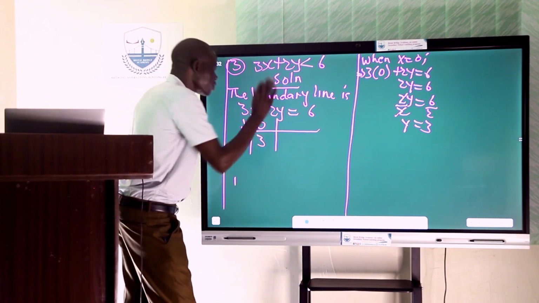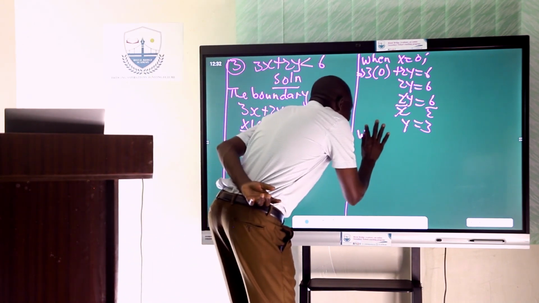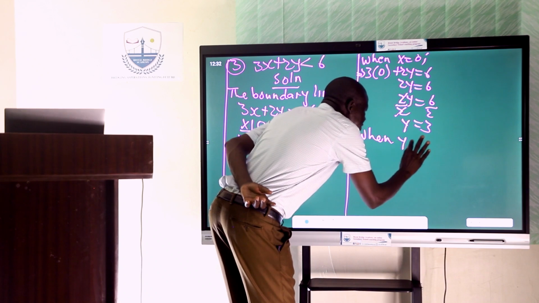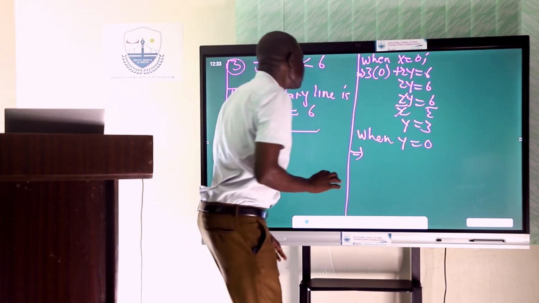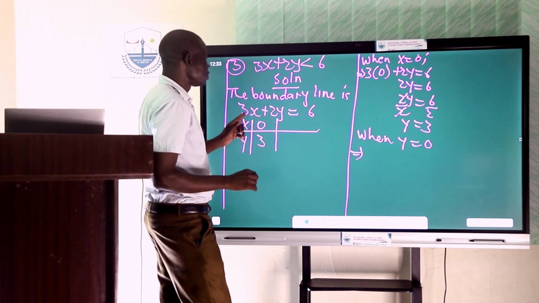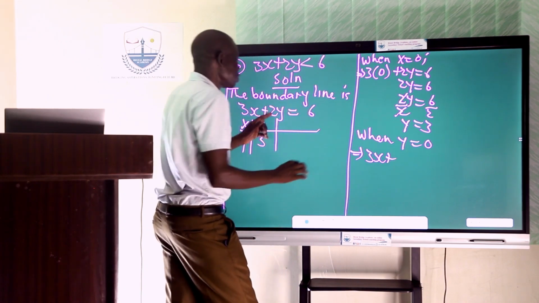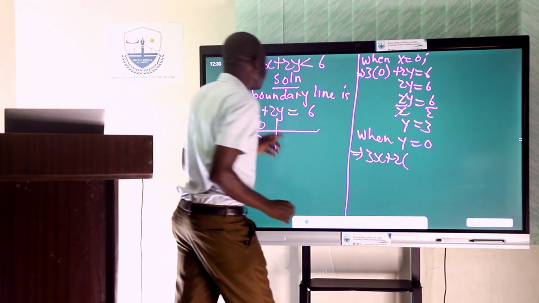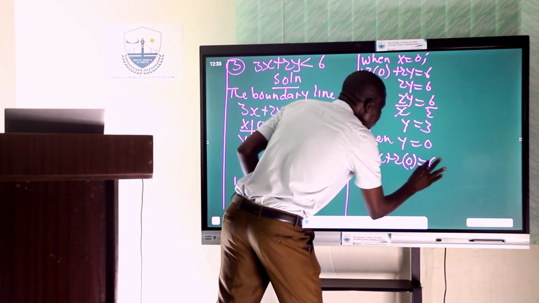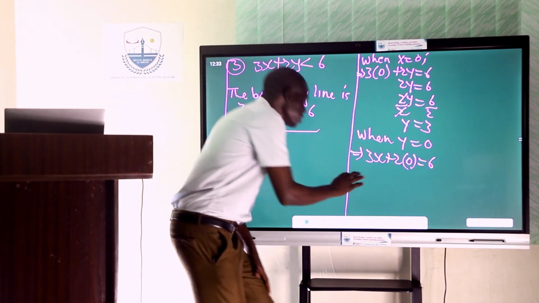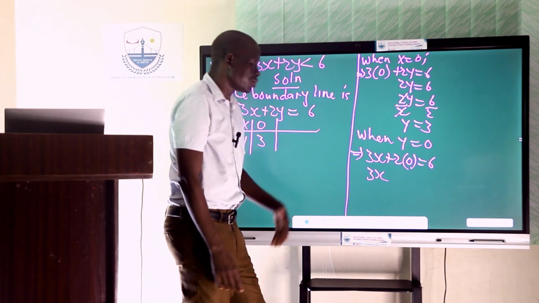Write that 3. What if y is equal to 0? You now say when y is equal to 0, what will be x? We substitute in our equation still. So we shall have 3x plus 2 into, where there is y, we put 0, and we equate to 6. So 3x, 2 times 0 is 0.